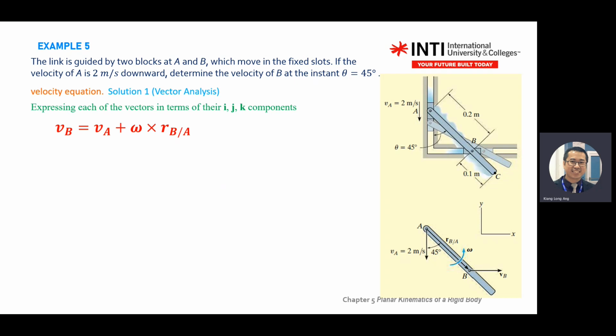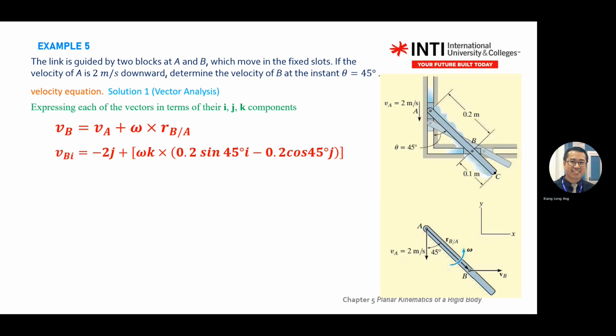When you write in IJK, VB equal to positive VB i, right? What about A? A is minus 2j, because it goes down. Then omega comes out, or becomes positive k.